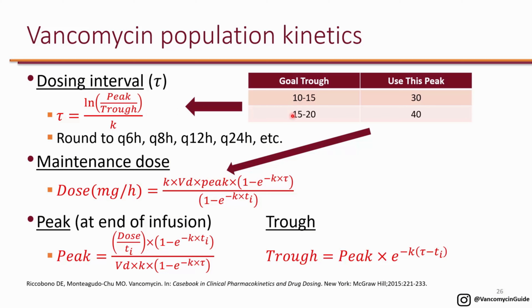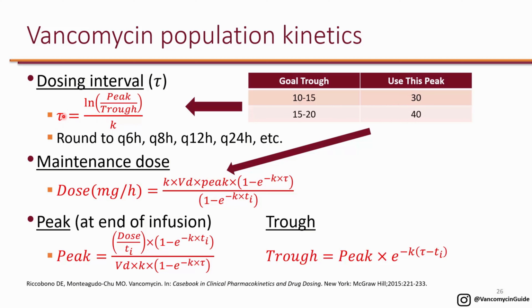If your goal is 15 to 20, you can choose something like 16 or 17 here. And then for the peak, if you have the lower target trough, you can choose 30 and put it in here. And if your target trough is 15 to 20, you can choose 40 and put it here. It really doesn't matter what you pick for the peak. It's just to give you a more realistic tau number.